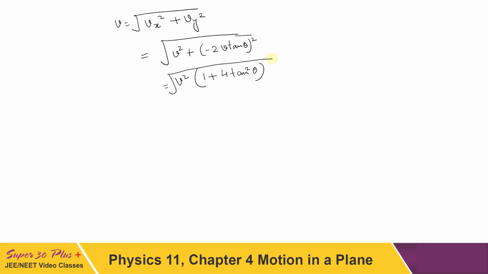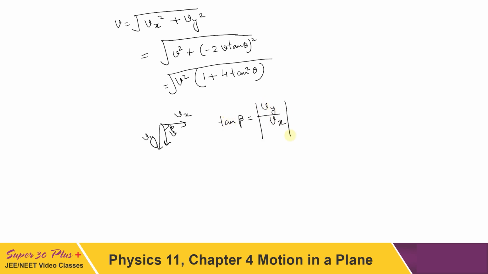What about its direction now? As we know, for direction, because velocity will be in this direction if it is the final velocity, its vertical component being vy, horizontal component being vx. So we can write, if it is making angle beta with x-axis, tan beta can be written as vy upon vx.